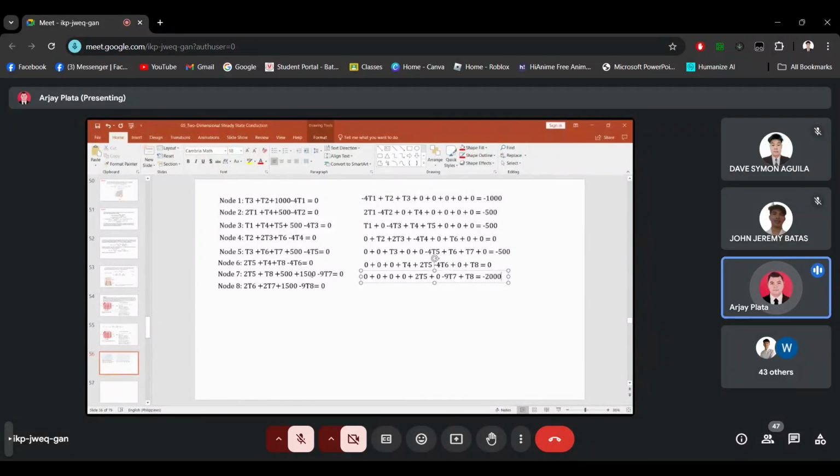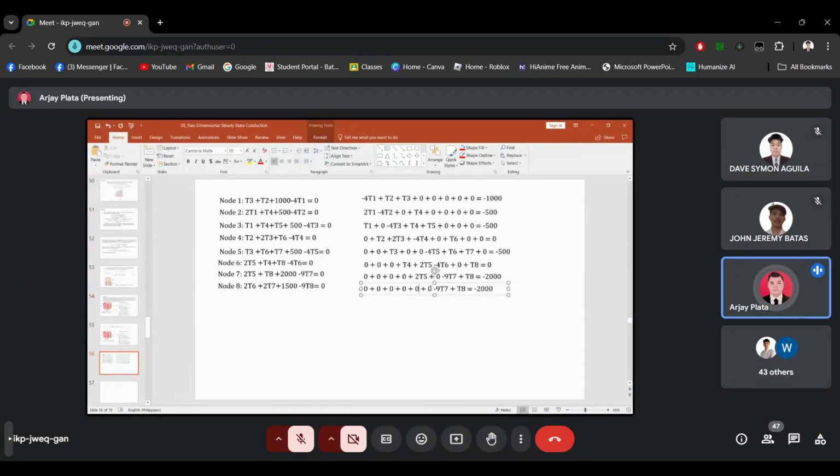Let's combine this 515 to 2000. Last but not the least, node 8. Node 8 is 2T6, 7, 8. We don't have 2T5.